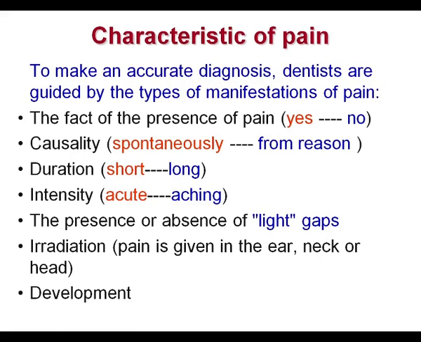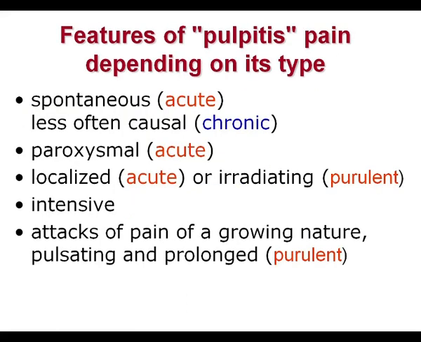Next, duration. It may be short-term or long-term. Next, intensity. Very strong, acute, and not very strong, aching. Next point, the presence or absence of light gaps. Irradiation: pain is given in some places like the ear, neck or head, and its development in time.